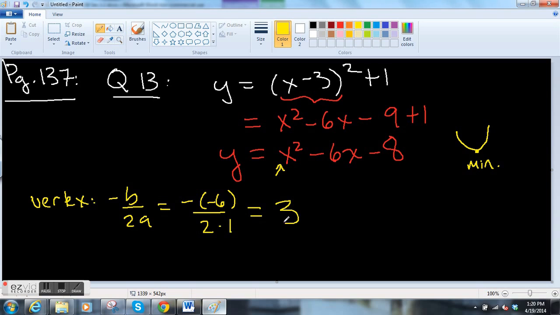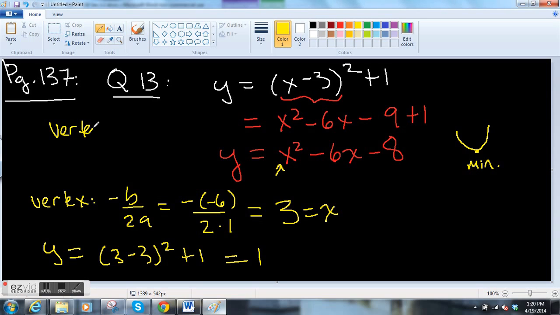So that 6 divided by 2 is 3. So the x-coordinate is 3, and the y-coordinate, if you plug in 3 here, you get 3 minus 3 squared plus 1. That 0 plus 1 is 1. So the vertex of this function is 3, 1.